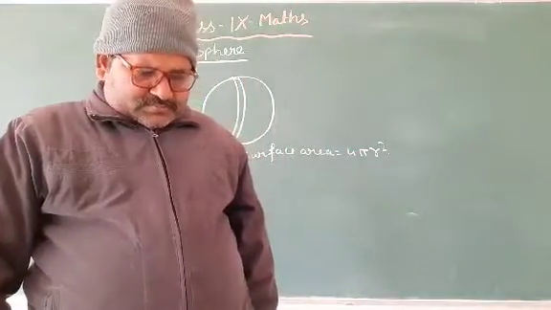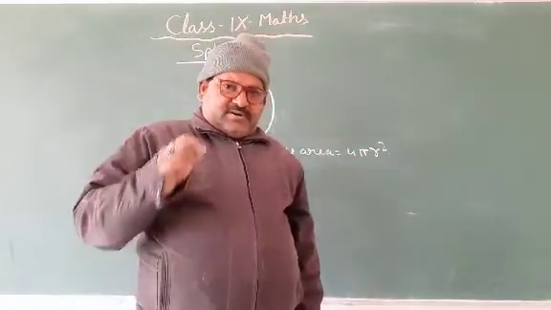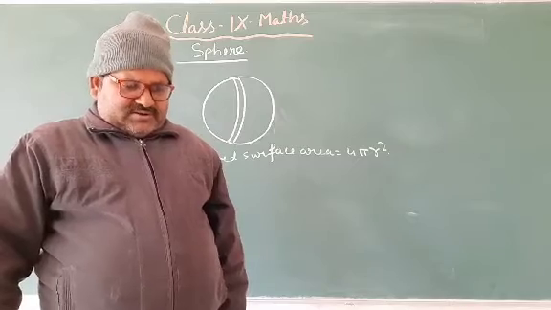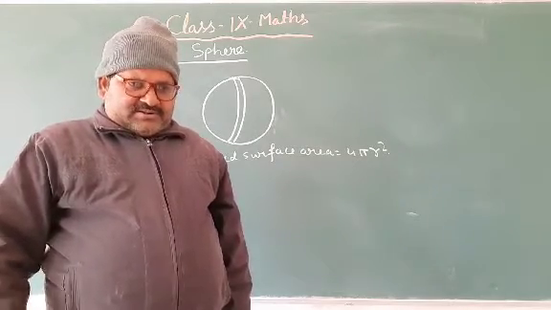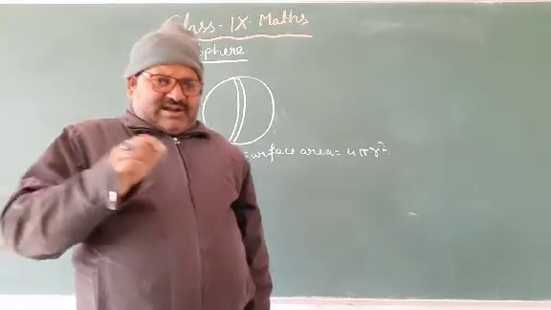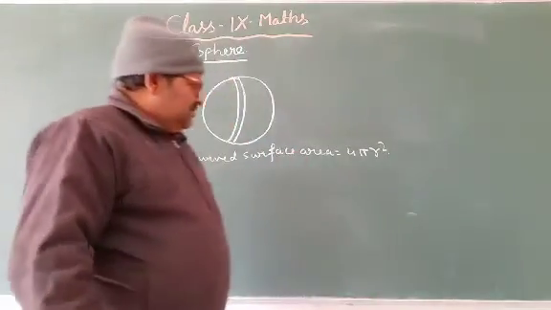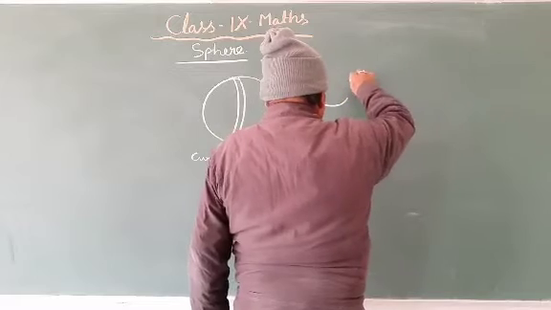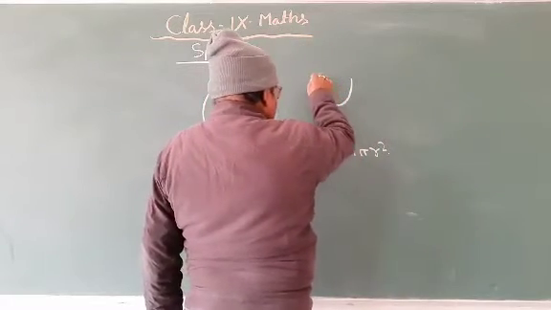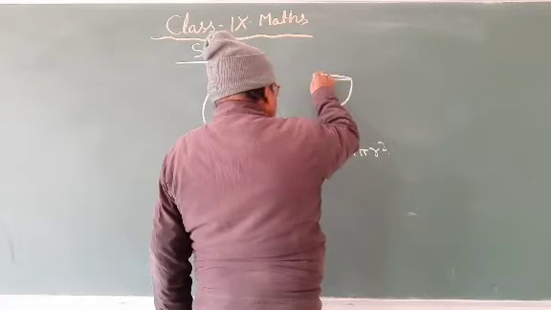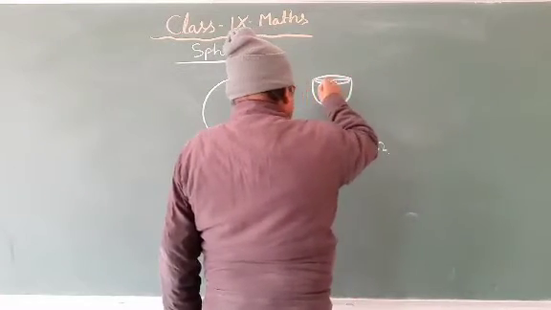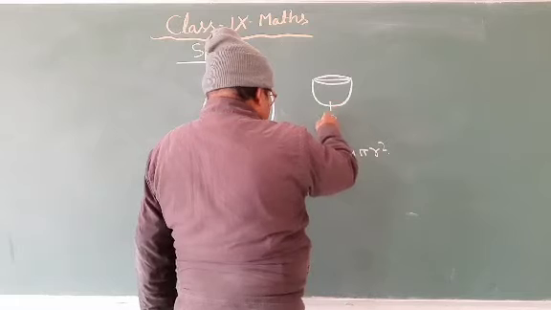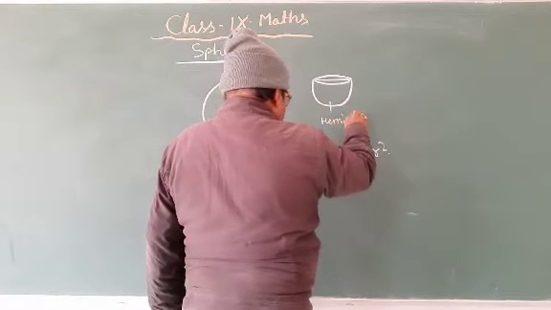Now to find the curved surface area of a solid sphere: when the sphere is divided into two parts, each part is a hemisphere.